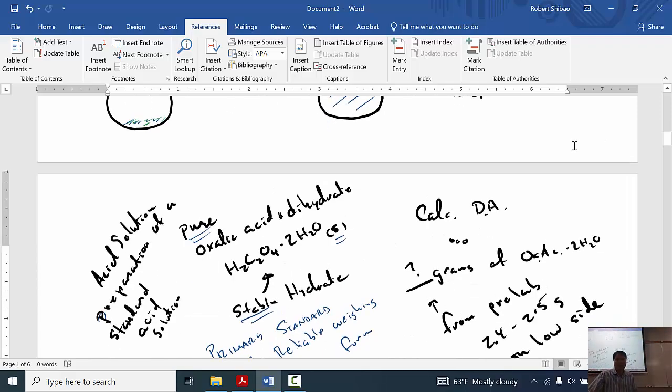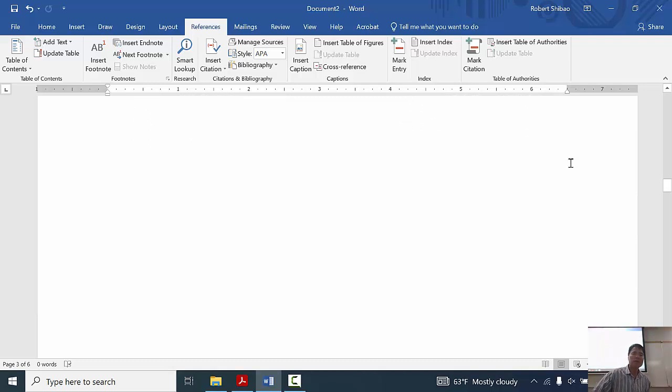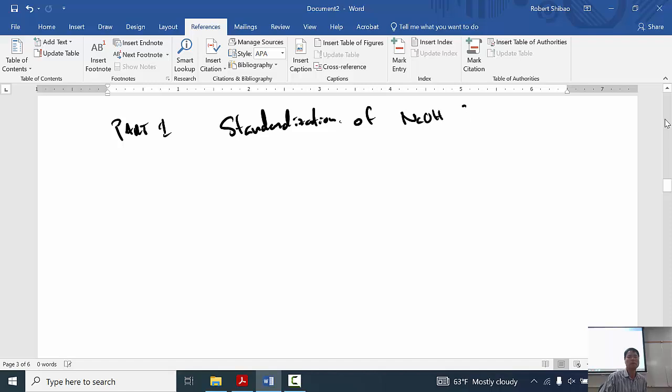All right, so that's the preparation of the standard acid solution. And then what are we doing with the titrations? Part 1, we're going to do the process of standardization. But we're going to standardize what solution? The sodium hydroxide solution.